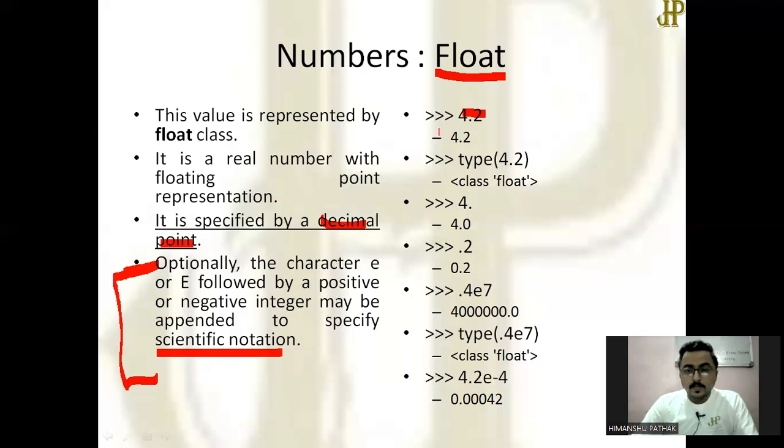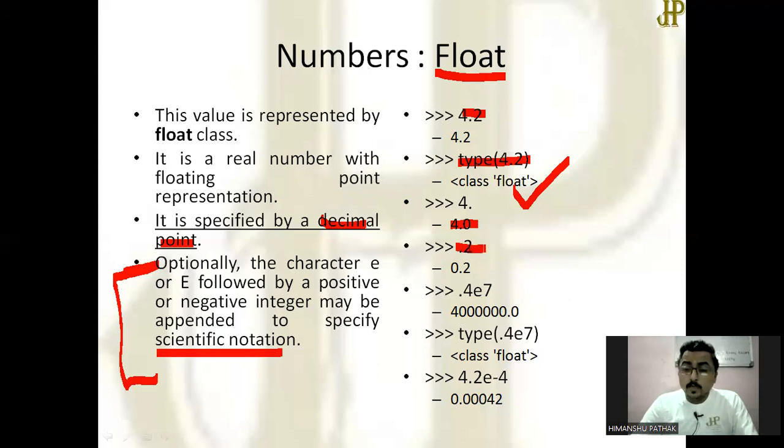These are used for scientific purposes. Clear? So here you can see that I have written 4.2. The type is what? Float. Either you can write 4 with a decimal point and omit the decimal part, and it will be treated like this, 4.0.